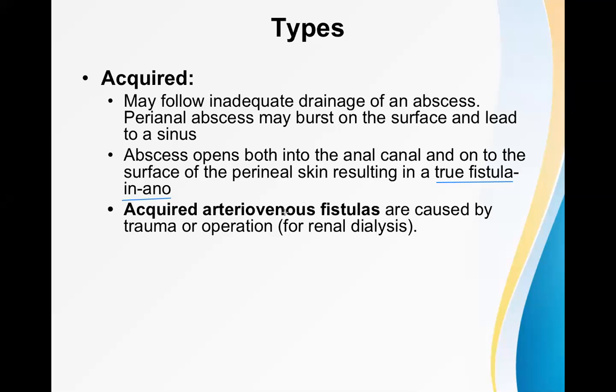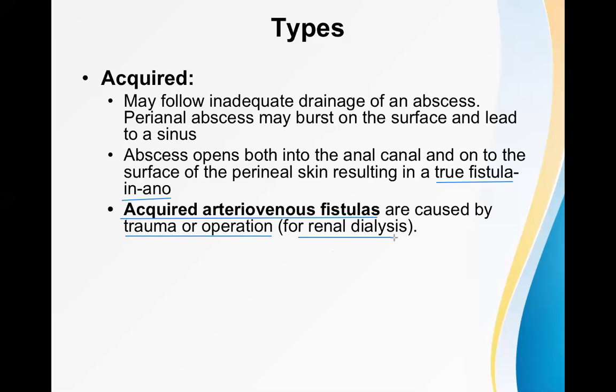Another good example or type of acquired fistula is the acquired arteriovenous fistula, which is caused by trauma or operation. They are very commonly caused by operation rather than trauma.